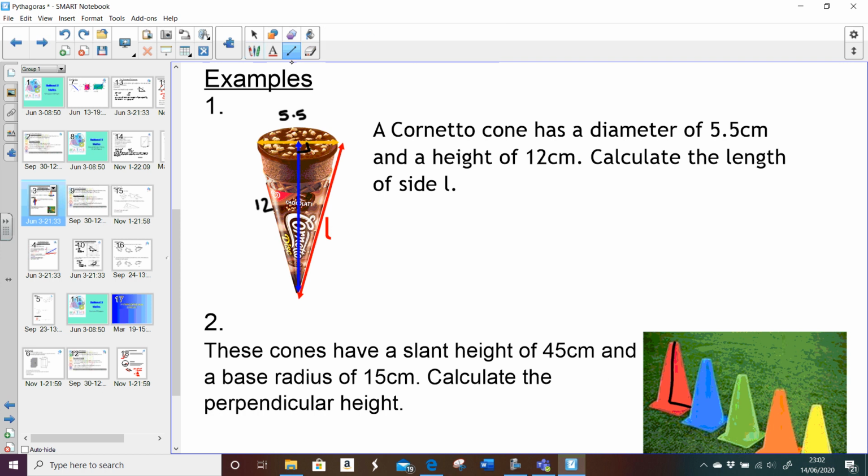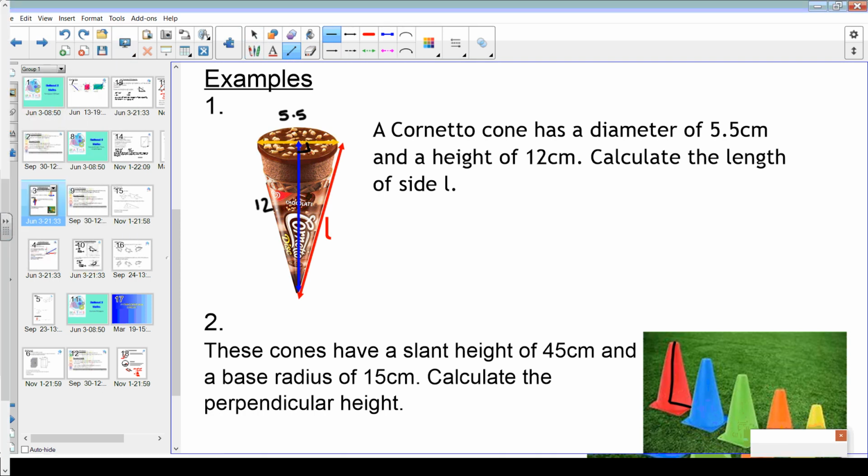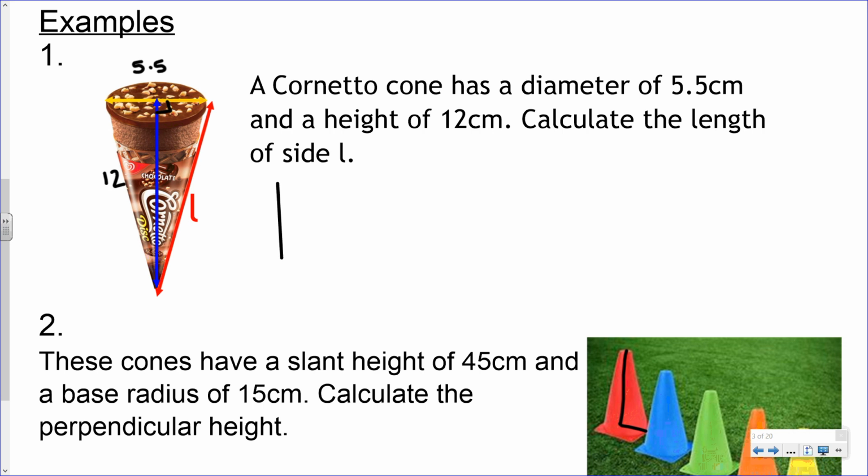So let me just use a straight line to create a little model of this right angled triangle. So we have our height of 12, the unknown length L, and this length here along the top meeting the height in the middle. And we can assume that that is a right angled triangle where that diameter meets the perpendicular height.